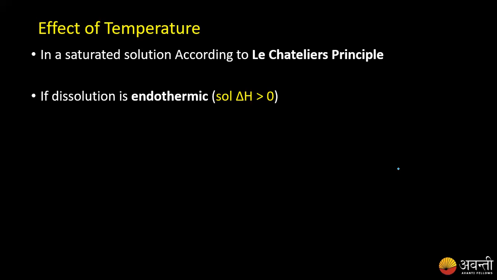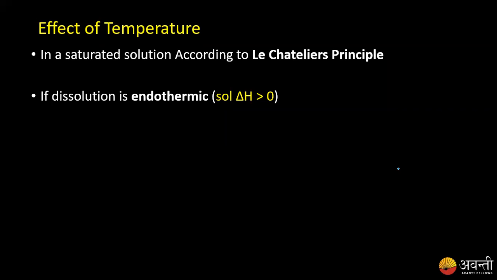Here, if the temperature is being increased, that means heat is increasing. If heat is increasing, then the reaction will go in such a direction where it absorbs some heat, and delta H greater than zero means the forward reaction is endothermic, means the forward reaction absorbs heat.